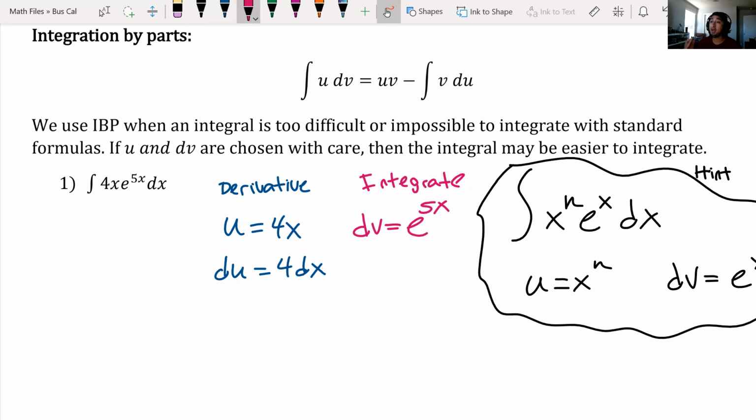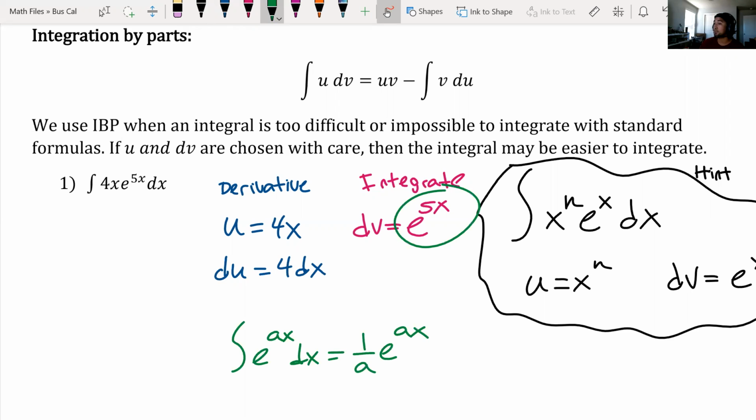And now looking at dv equal to e to the 5x, when we do the antiderivative of e to the 5x, remember there's a formula for this. Let me write it down real fast. The integral of e to the ax dx is 1 over a times e to the ax. So that's what we're going to use on this.